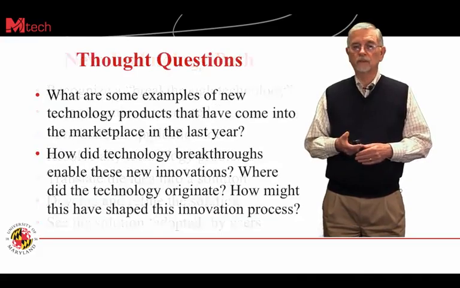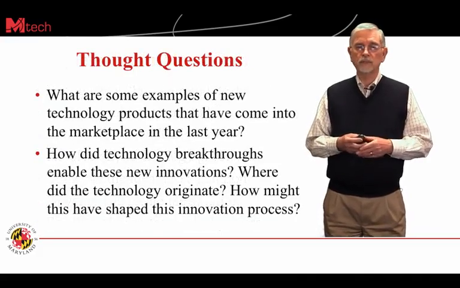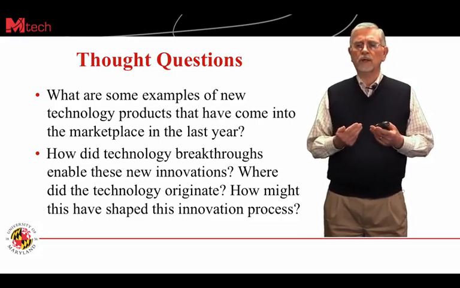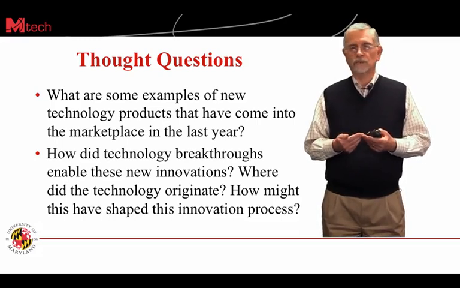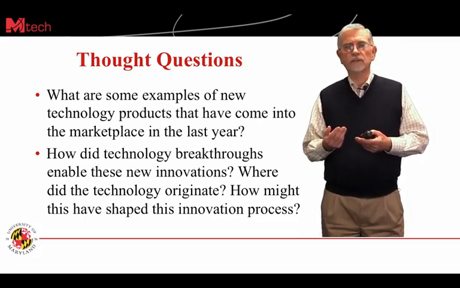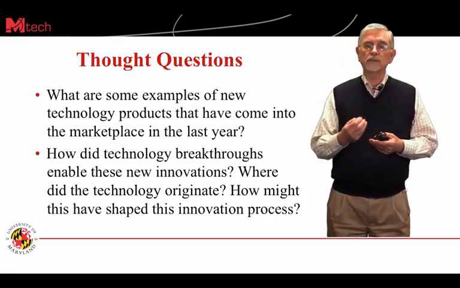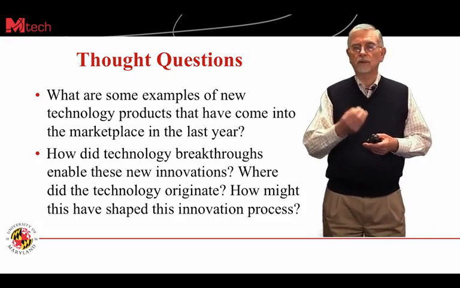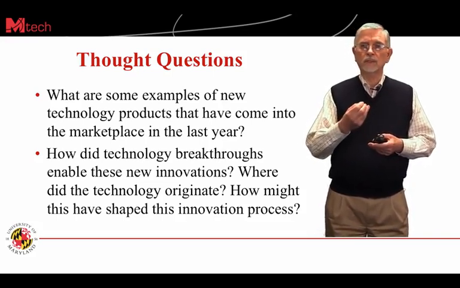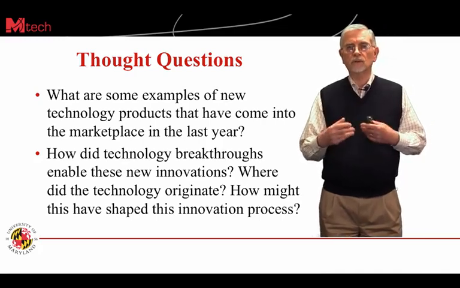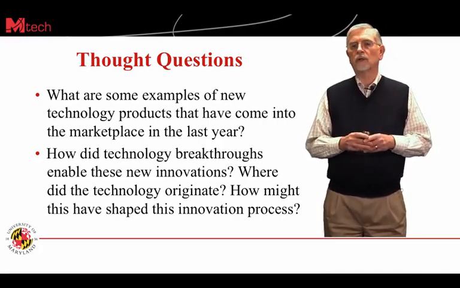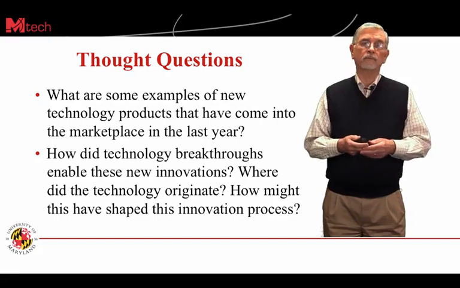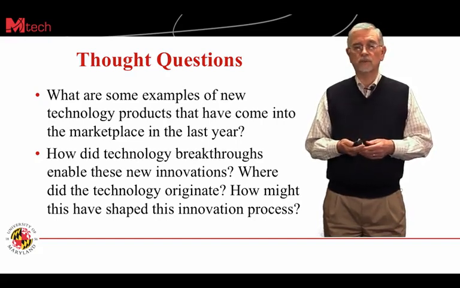So thinking about that process, think about what are some examples of new technology products that have come into the marketplace in the last year. New technology products that might have to do with transportation, automobiles, possibly cellular phones, possibly computer applications. Those are all technology-driven, innovative ideas that get translated into new products and new services.